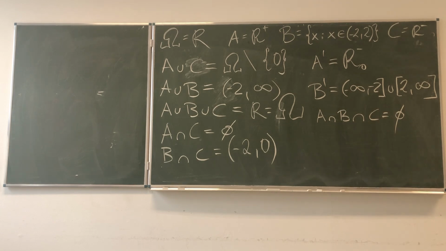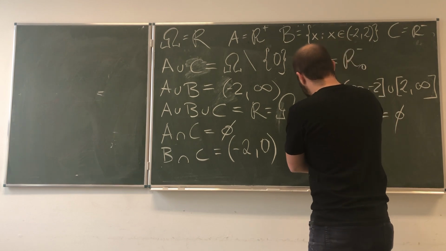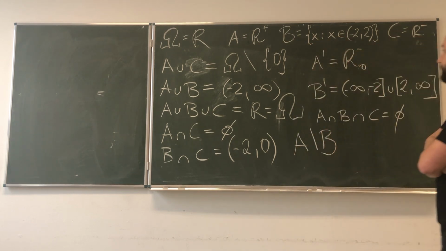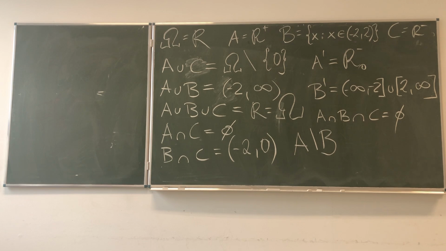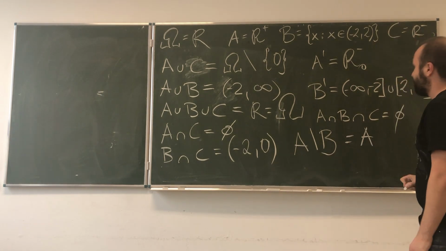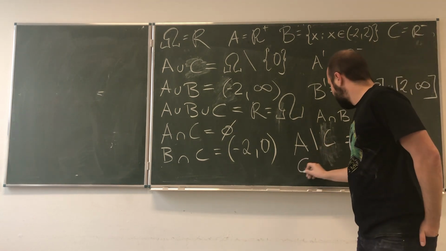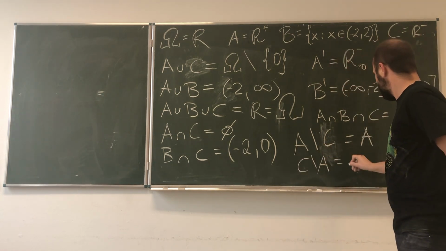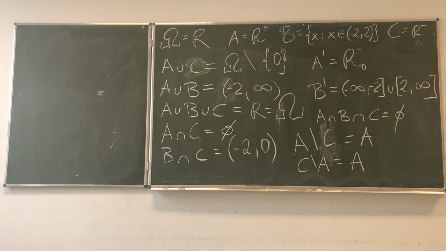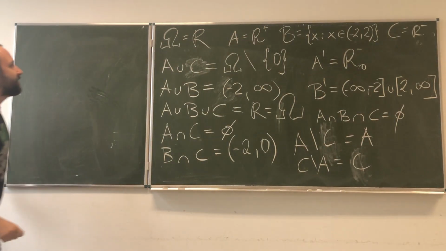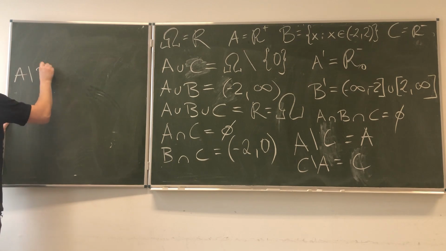Okay, now what we need is a difference. A difference B. So if I'm going to take the positive real numbers and exclude the negative real numbers, what am I going to get? A. Oh my god, I wanted to say C. In the case of C, I will have C. And finally, what is the difference between A and B?